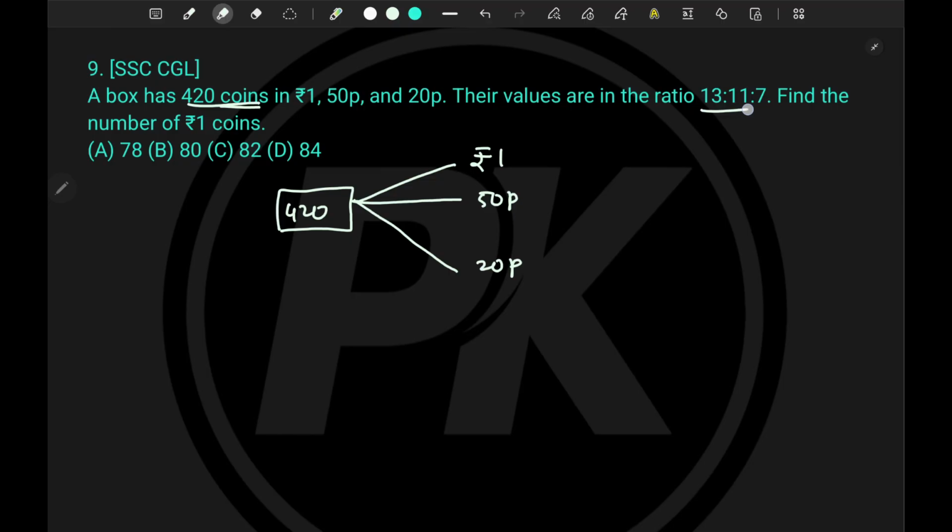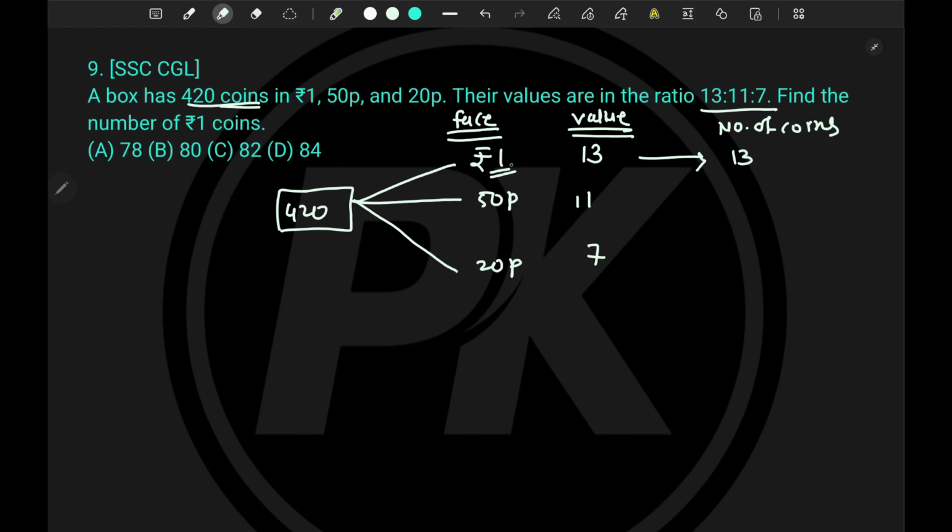Now see carefully what ratio they have given. Their values are in the ratio 13 to 11 to 7. So this is the ratio of their values, and this is not the face value of a single coin. Now let's say to have 13 rupees, how many coins of rupee 1 do I require?